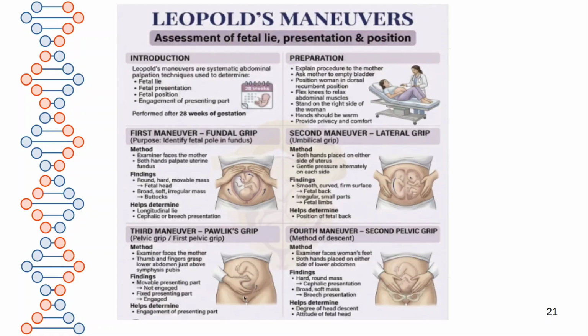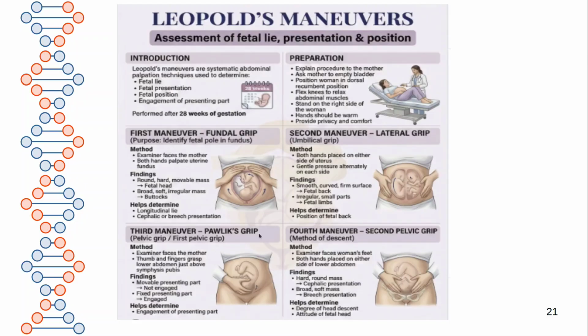If the presenting part is movable, that means it is not yet engaged into the mother's pelvis. If that part is fixed and not moving, it is engaged into the pelvis of the mother.